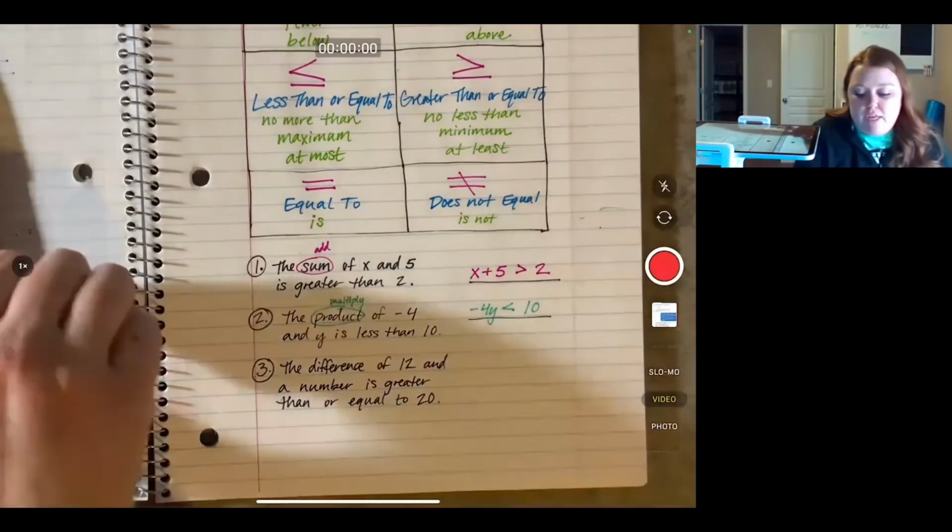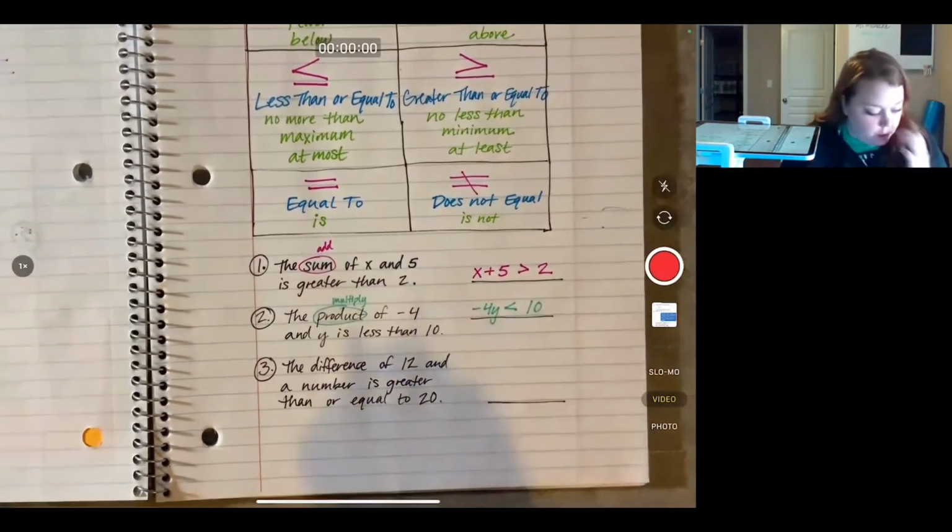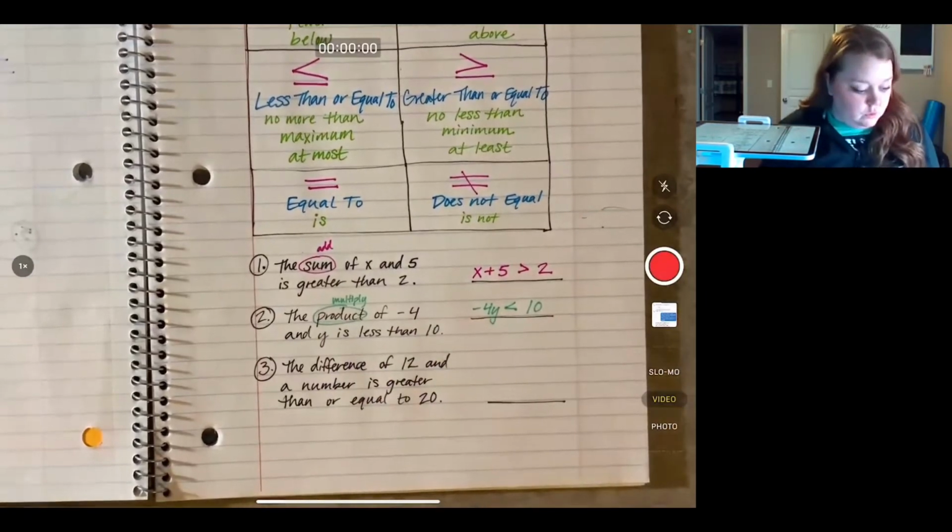The difference of 12 and a number is greater than or equal to 20.